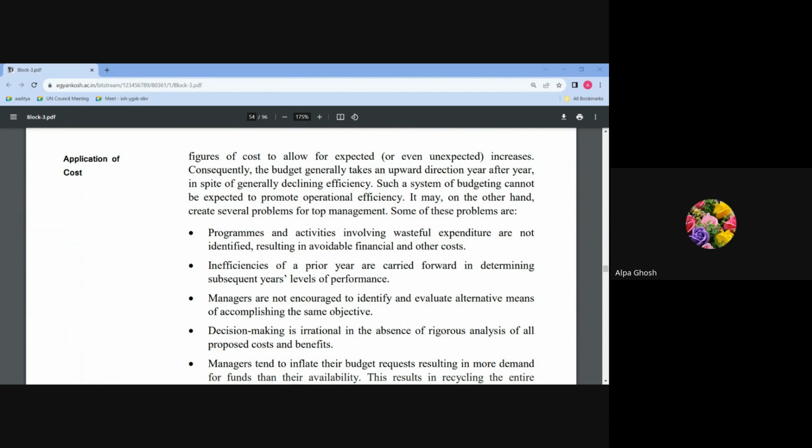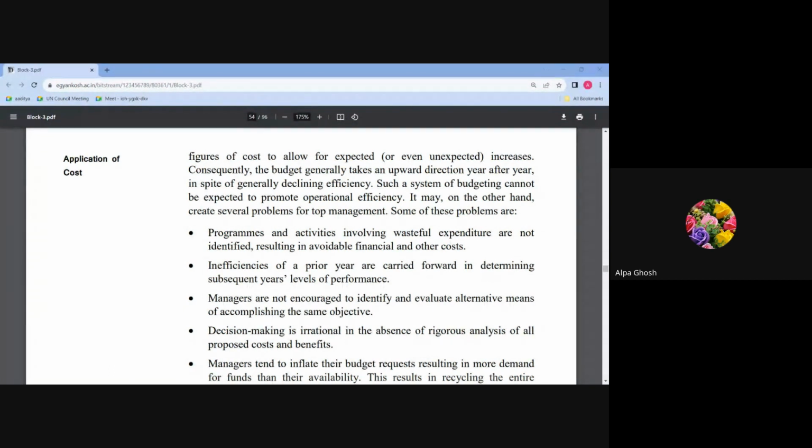Am I clear till this? Yes, ma'am. Yes, you are clear. So between zero-based budget and the other budgets, this is the only difference: we do not take into account any data of the previous years, whatever the performance. Nothing is taken into account.